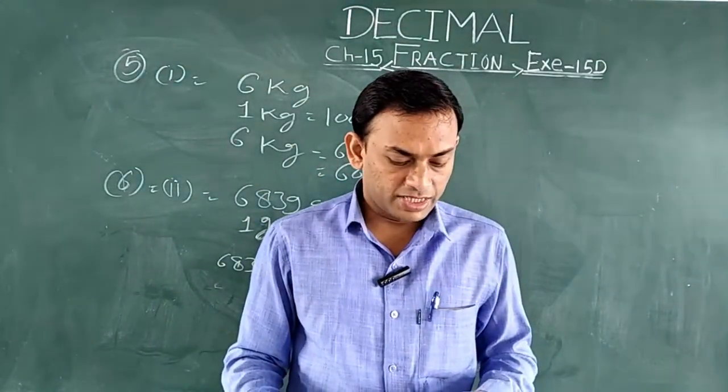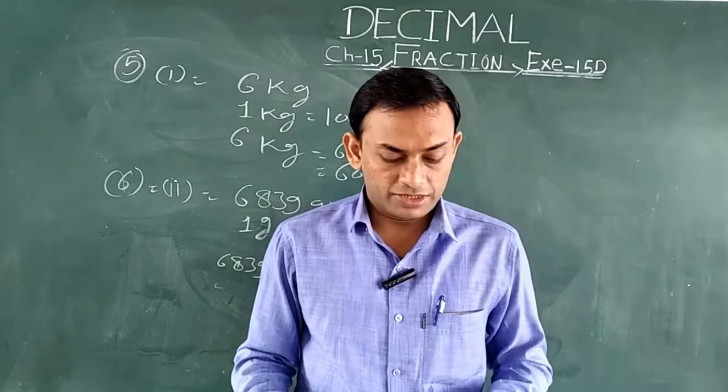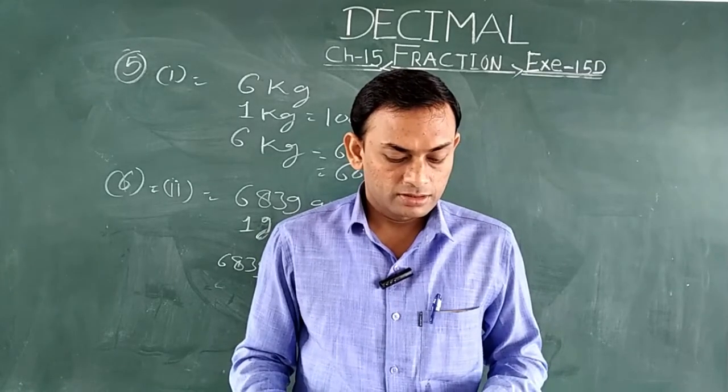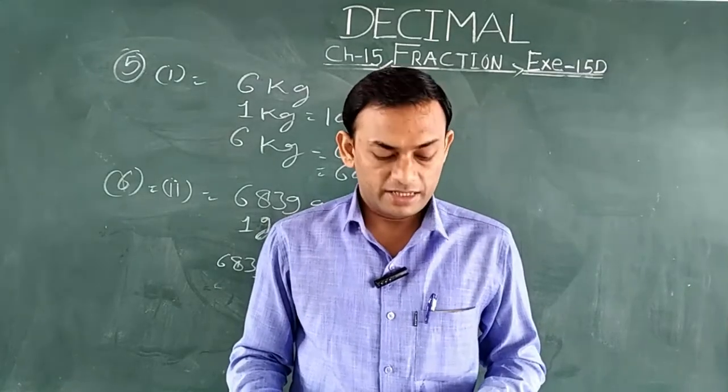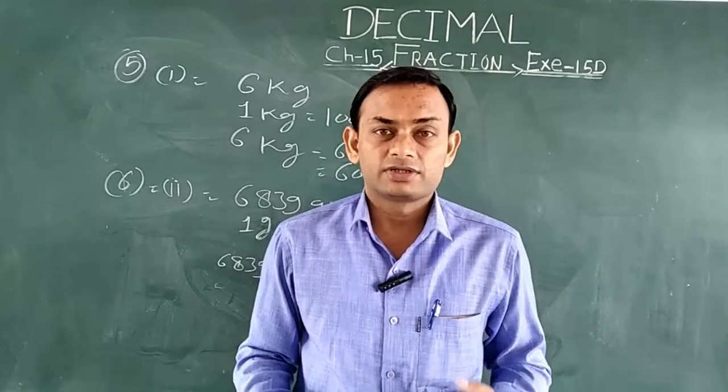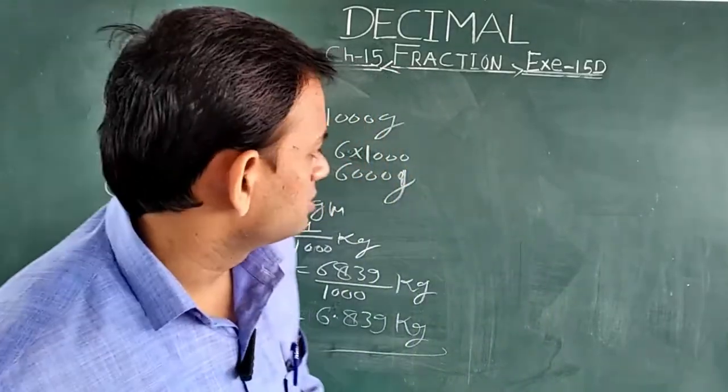After that I am just going to tell you question number 7. Question number 7 says that you have to add some given values and give the answer in rupees.